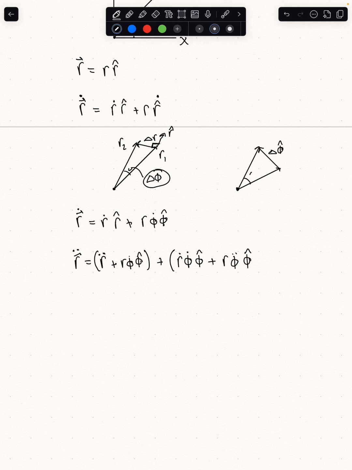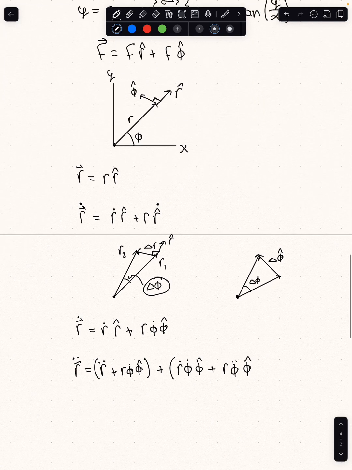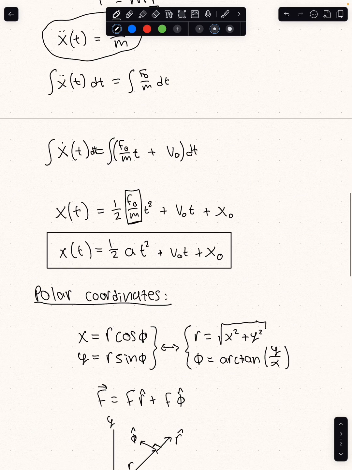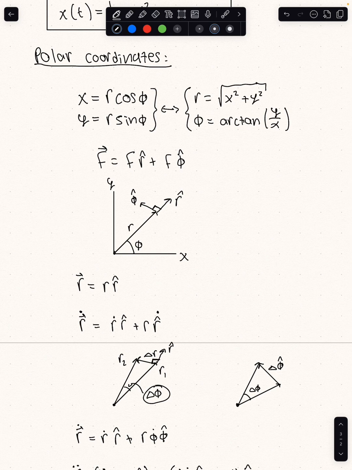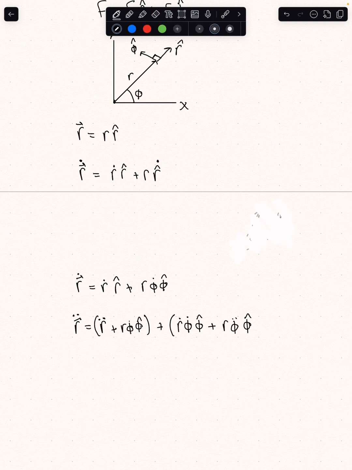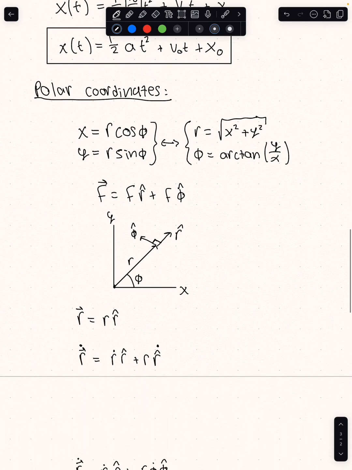I guess this one's the change in phi, but this is going to be in the r hat direction. And I think probably a better way to show these is to show that it comes from the x and y up here. Yeah, I'll probably do that. The pictures are nice, but they might be a little complicated to understand compared to what's going on algebraically.